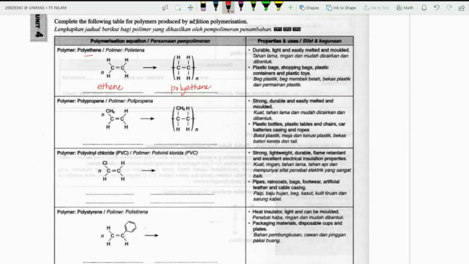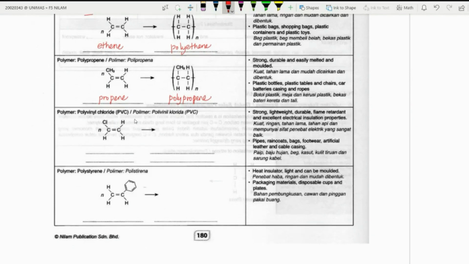I would like to ask Tiffany, what is this monomer? Okay, so this is propene. Correct. Then what is this one? Just add a poly in front. Polypropene. Can, class?